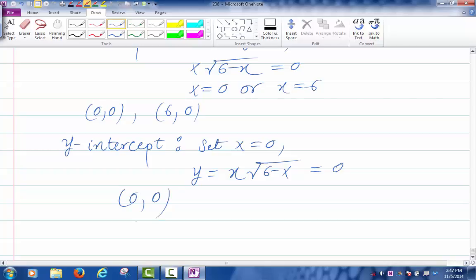Okay, so that's how we can find the intercepts. To find the x-intercepts, set y to 0 and solve for x. To find the y-intercepts, set x to 0 and solve for y. What is y? Y is equal to the function. Is everybody okay with that? Everybody's okay?